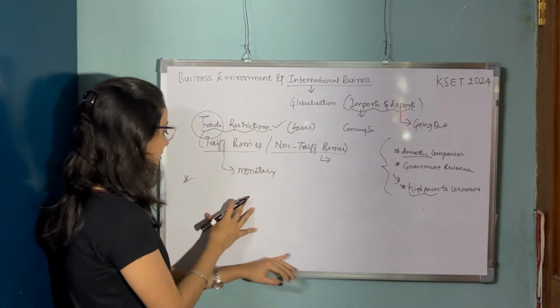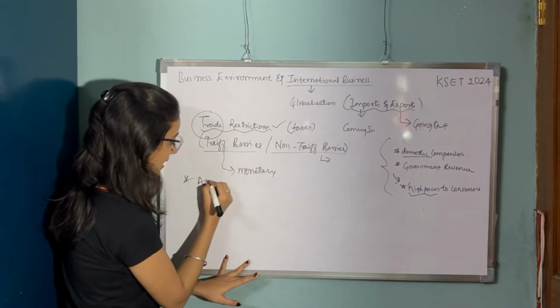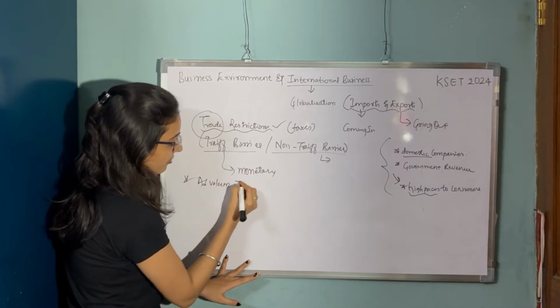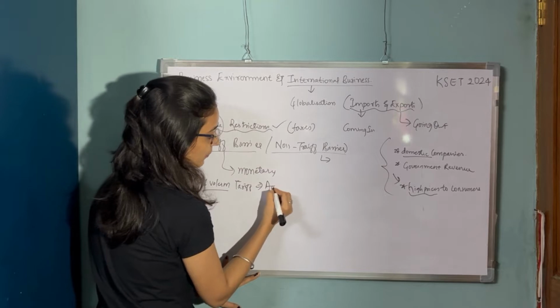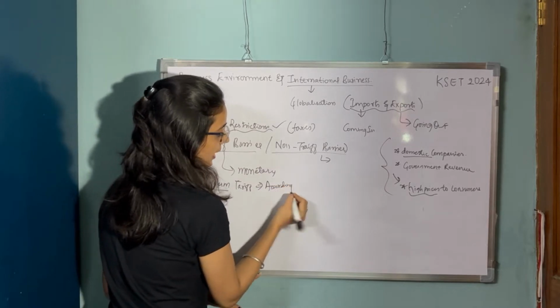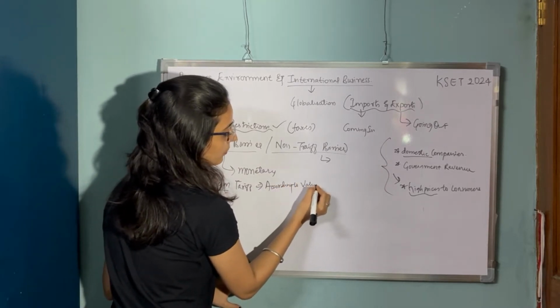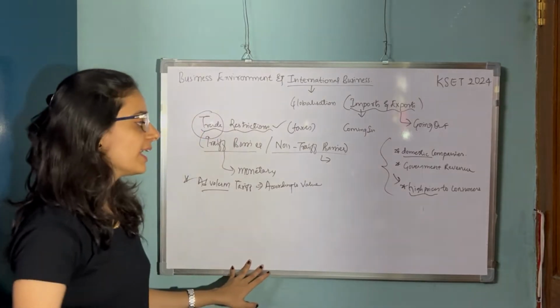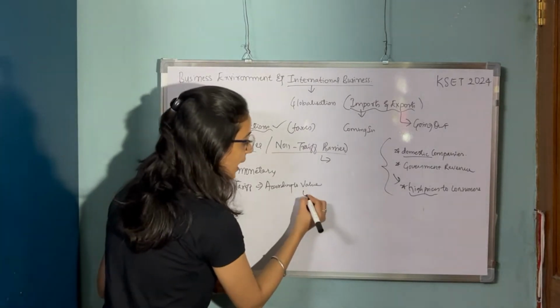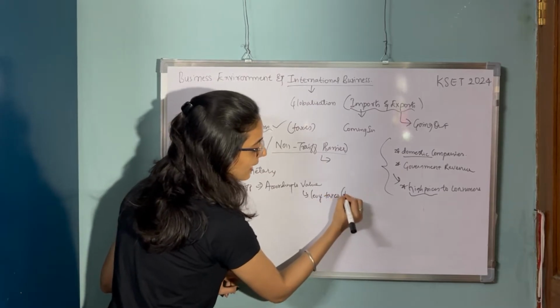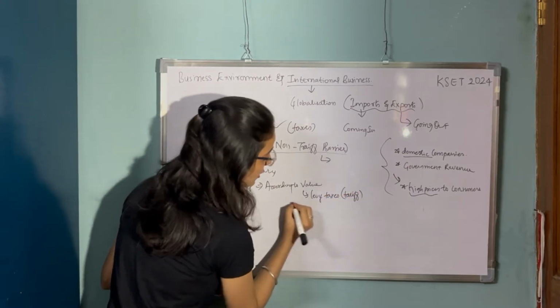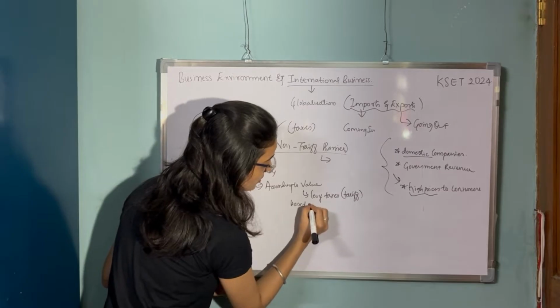Now, tariff barriers, first there is something known as ad valorem tariff. Ad valorem means according to value. So, when we are importing any goods and services, we levy taxes or tariffs based on the value of that goods and services.